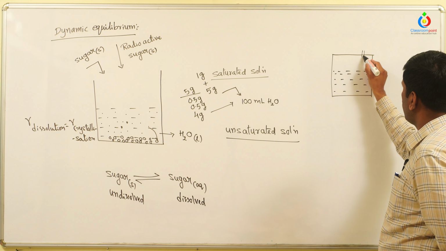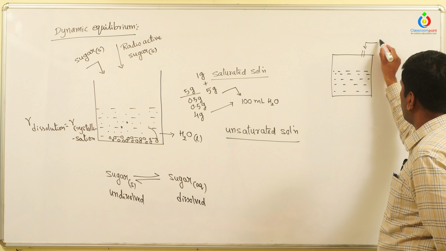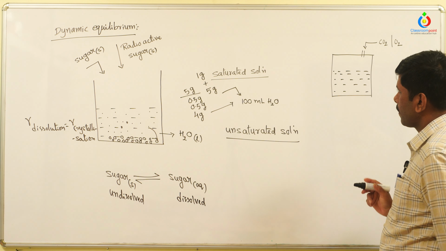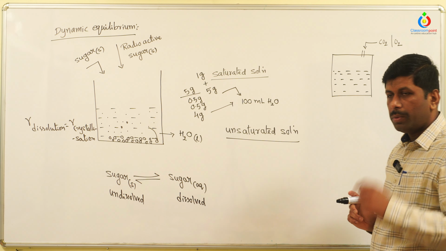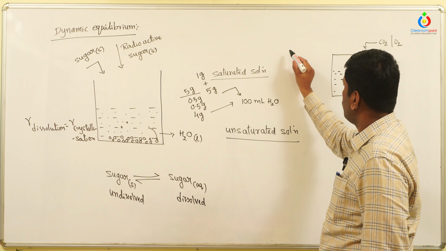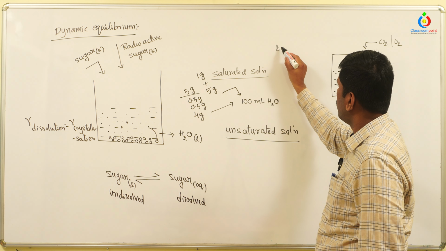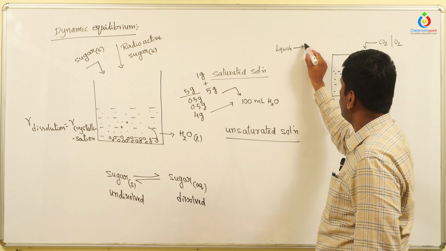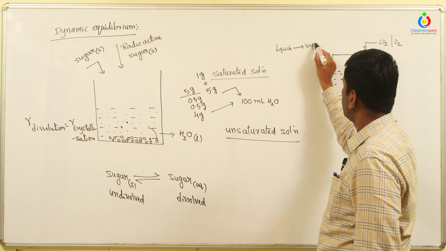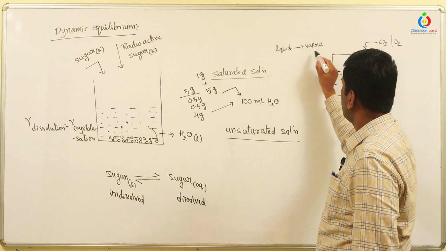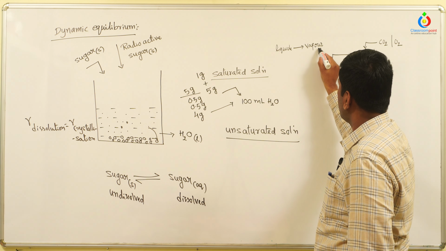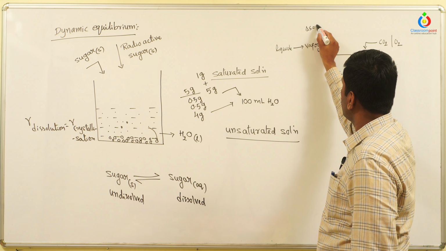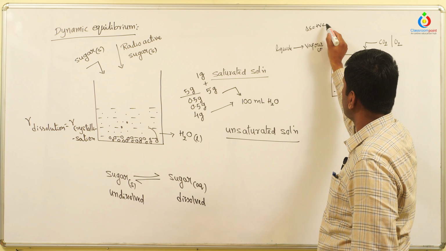To this you add some amount of carbon dioxide or oxygen, any gas. Here we need to discuss one more important point: whenever you want to convert liquid into its vapor, vapor means it is in the gas state, entropy, meaning disturbance in the system, increases. So delta S is positive.